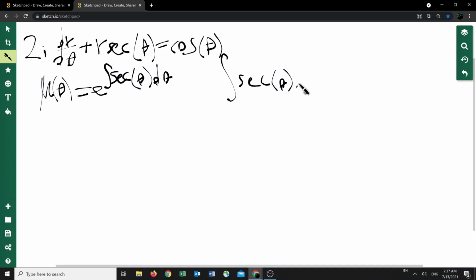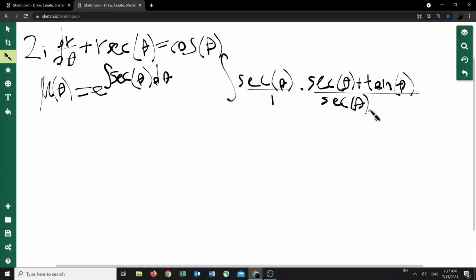If we hone in on this integral, think of this as the fraction secant theta over 1. We can multiply the top and bottom by secant theta plus tangent theta. This is just 1, so this doesn't cause any harm to the integral.